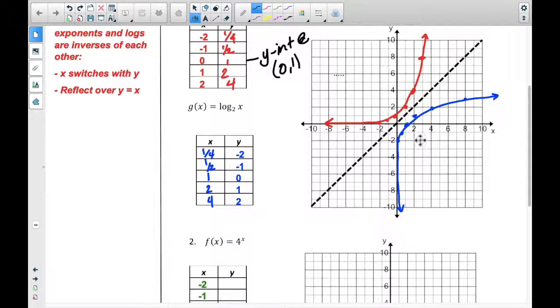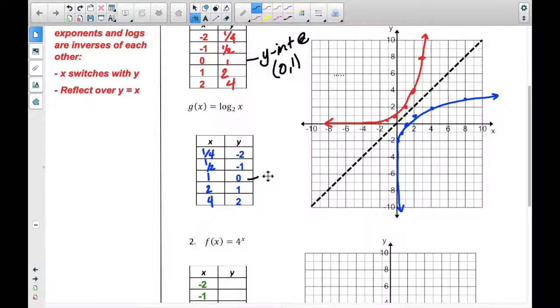All right, so a couple things to notice. Your graph should look like a mirror reflection in the line y equals x. And again, I went ahead and plotted the point (8, 3) because I knew it was a reflection of that. It gave me another point to help me draw a better curve. Also, I used to have a y-intercept at (0, 1).